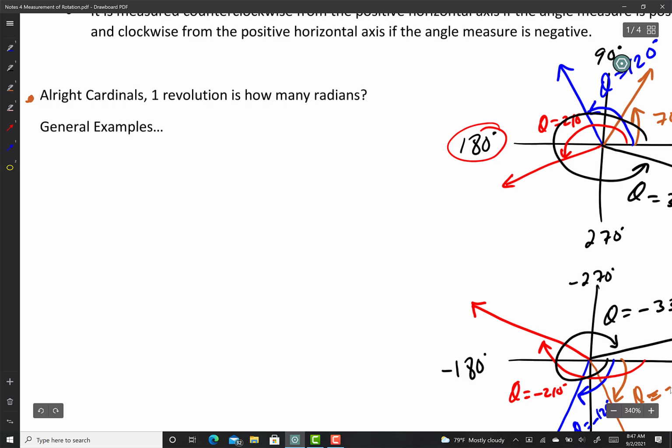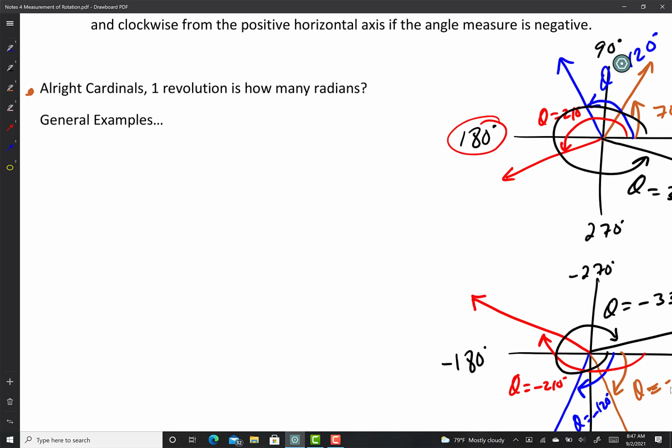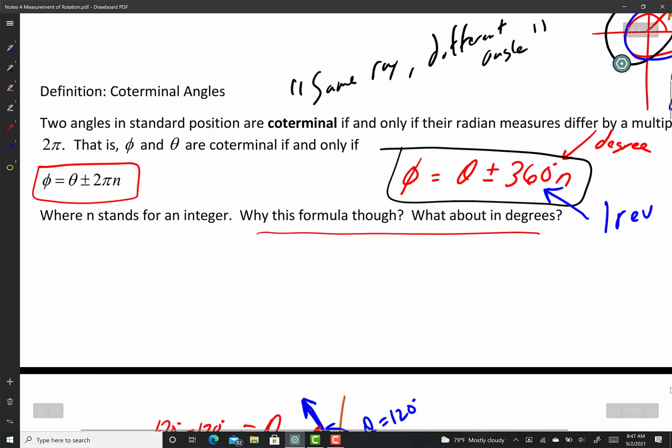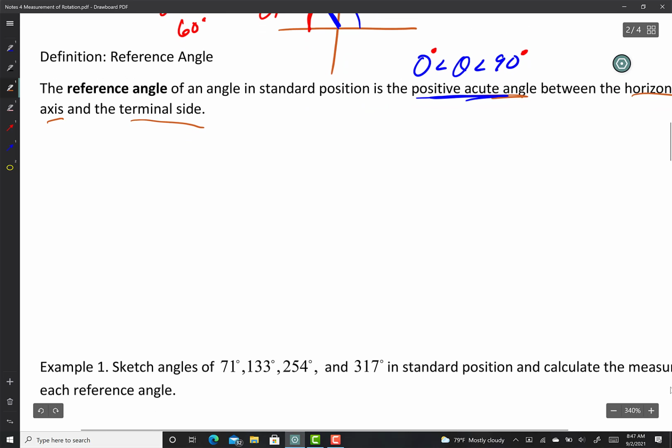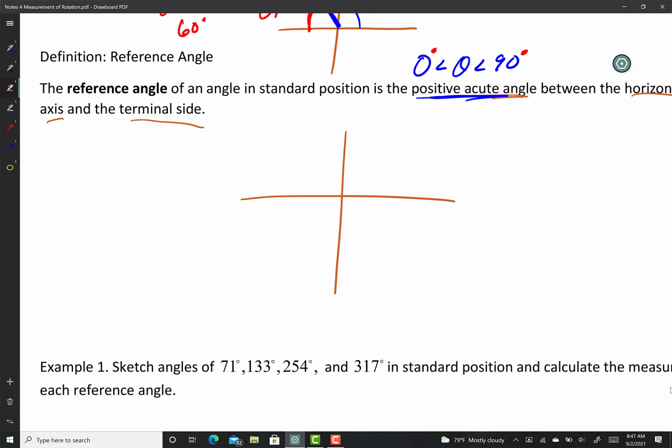So if you want to figure out that reference angle, you just take that angle, 120, and subtract it from 180. Cool or not cool? Now, it's the same pattern. Check it out. One more example, and then we'll go right into example 1 here. So here's my grid again, and give me a number between 180 and 270, any number.